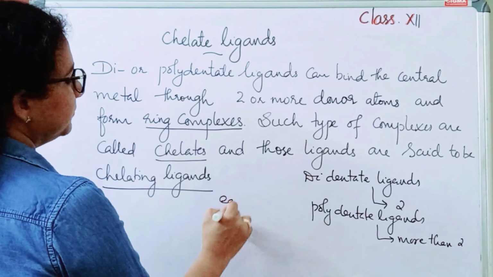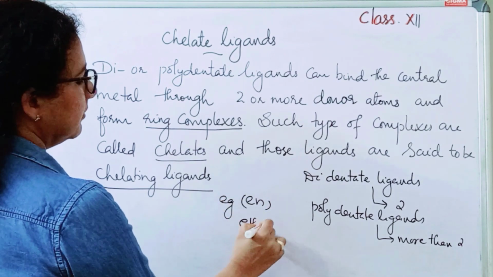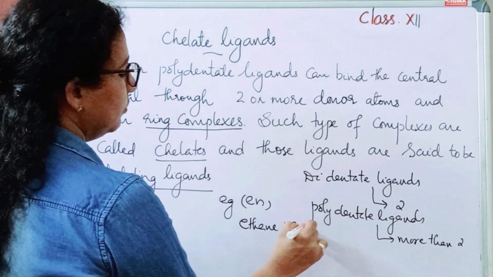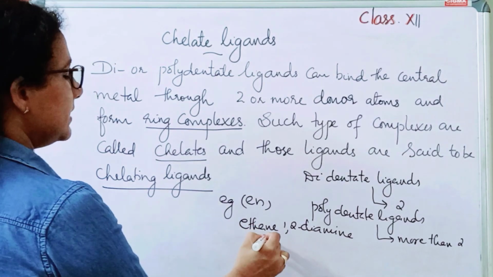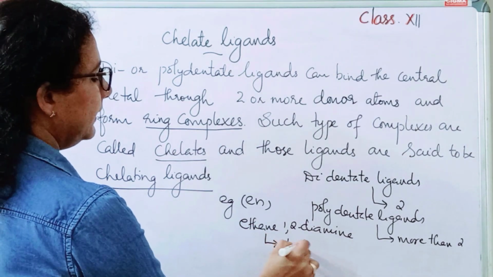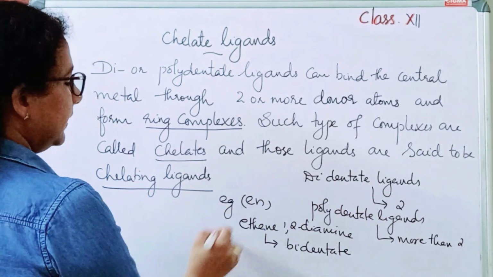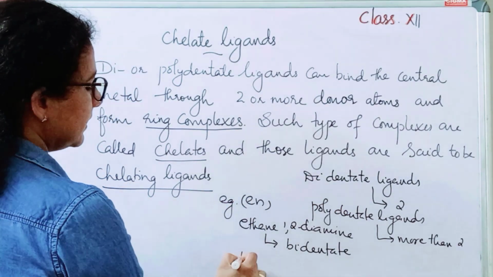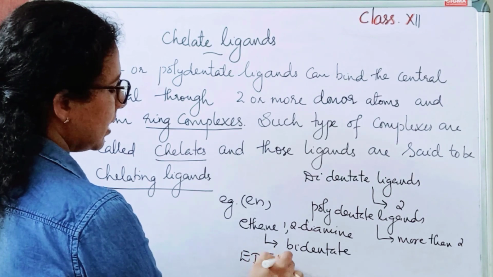For example, En. En means ethane 1,2-diamine. It is an example of a bidentate ligand. Another example of a chelating ligand is EDTA, ethylene diamine tetraacetate.